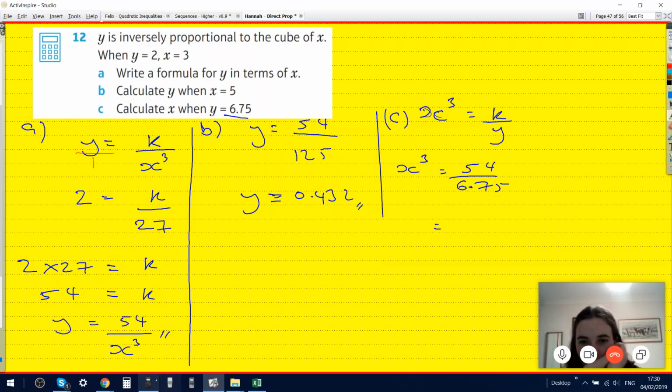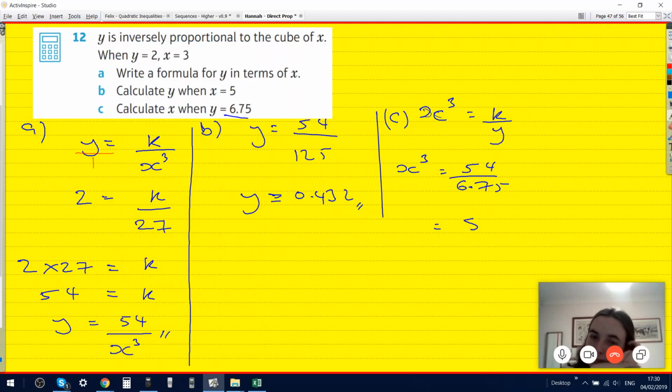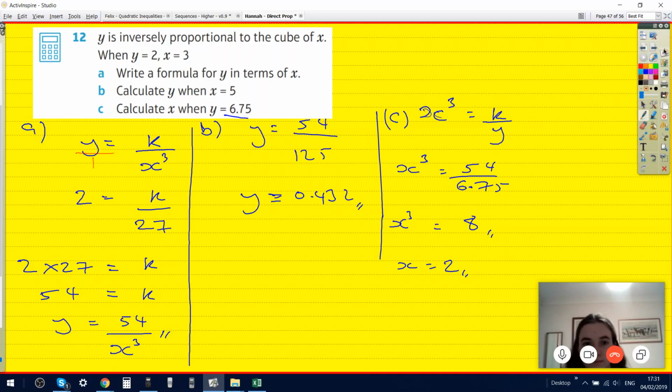My guess is it's going to give us a nice easy number. Some easy decimal. Oh, there you go, 8, even easier. Which is 2. X equals 2. Brilliant. Any questions there? Nope. And if you're trying to make x equals something, it's always easiest if you have that on the top of the fraction.